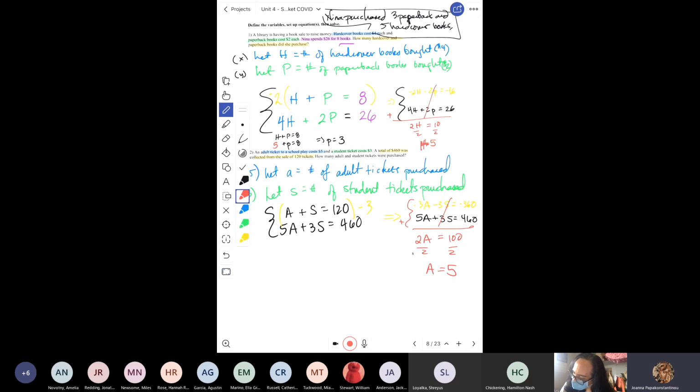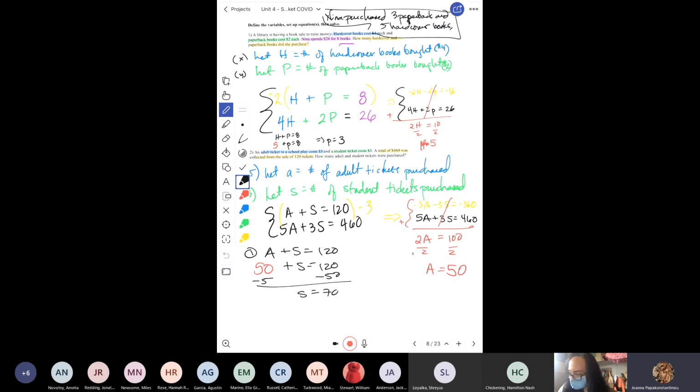Substitute. You substituted where? Okay, so we went back to equation 1 and substituted in for A, 50. Oh, that's supposed to be a 50. And what do we get for S?